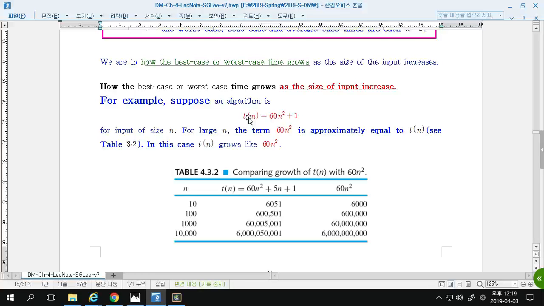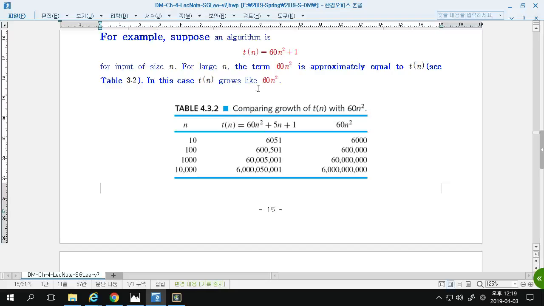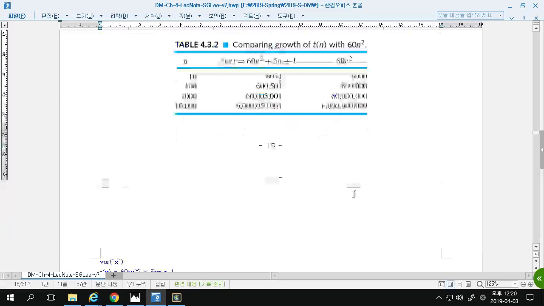As n grows, T of n changes like this and 60 times n squared changes like this. As you see, the difference between these two is not that big as n goes high.